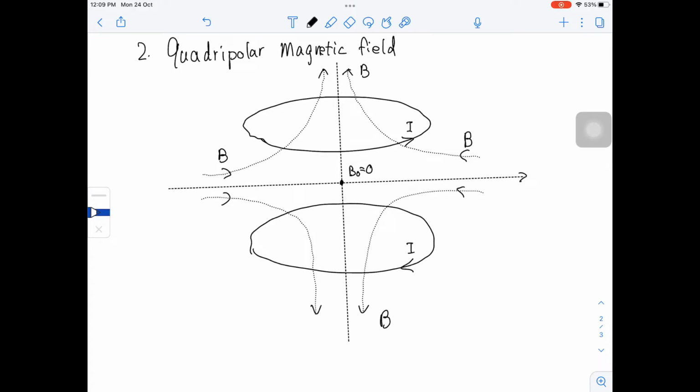Because you can see it is rotationally symmetric with respect to the z-axis, we can use cylindrical coordinates to address this problem. Then I define this axis to be z, and this axis is rho, because it is rotationally symmetric along z.